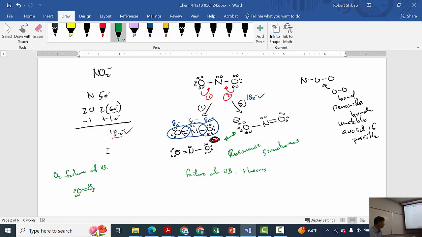This is not accurate. Even though this is the way we draw the Lewis structure, it's not accurate. And so what we do is we do a modification of this. It turns out both bonds are equal. So resonance structures are favored for valence bond.